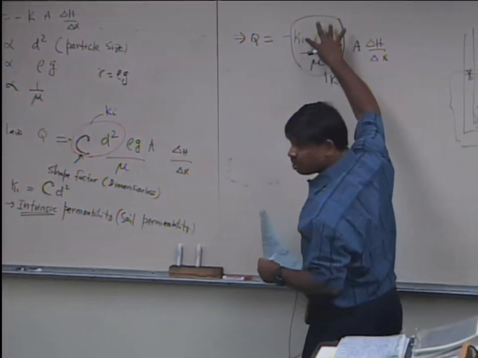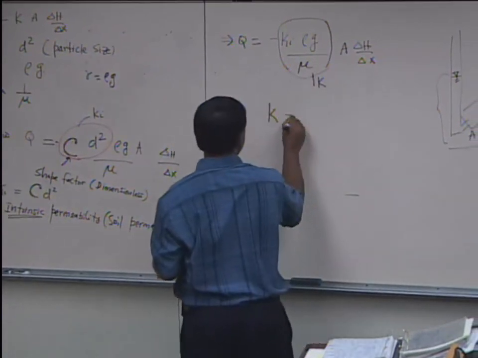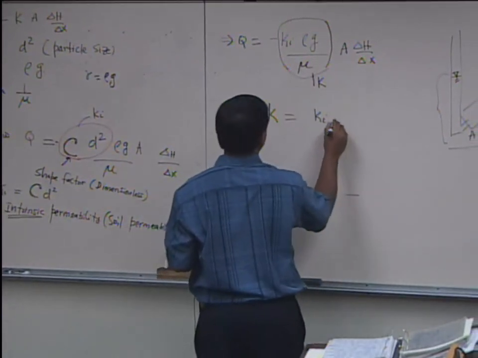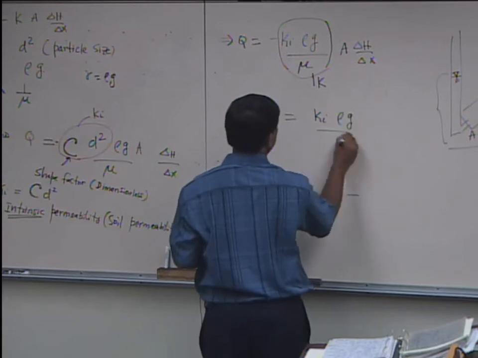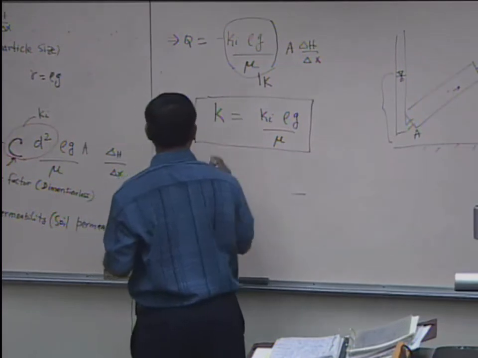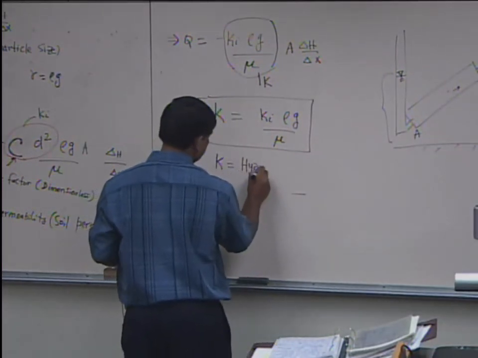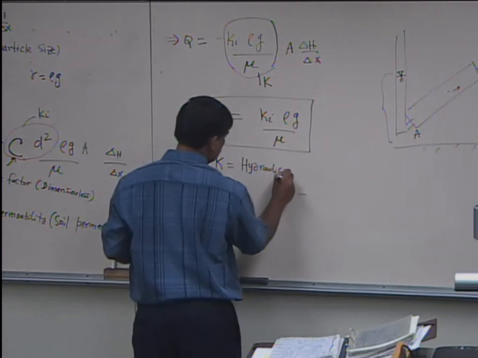By looking at different properties, we can expand K. So K is defined as Ki rho g divided by mu. And K is known as hydraulic conductivity.